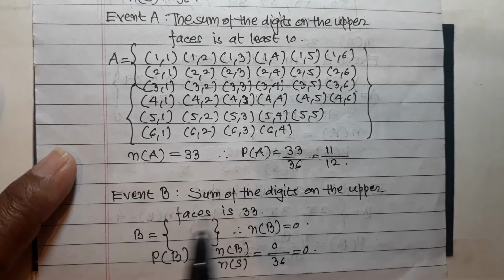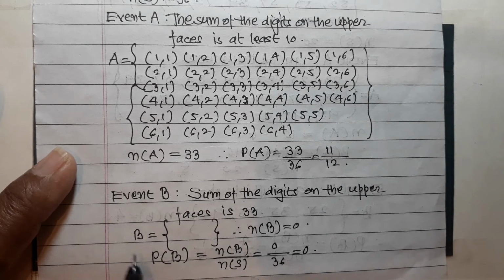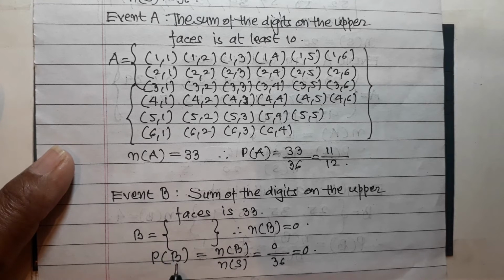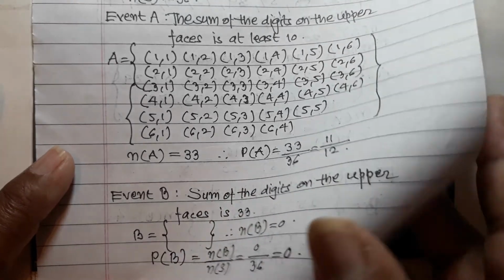So 33 is not possible, and therefore B is the empty set. n of B is equal to 0, no elements, and therefore the probability of event B is equal to n of B upon n of S, which is equal to 0 upon 36, and therefore P(B) is equal to 0.